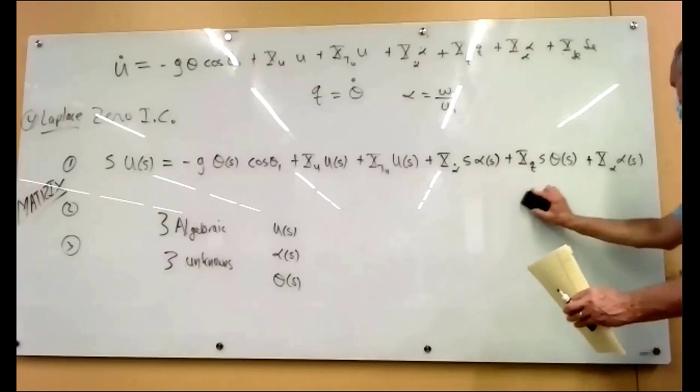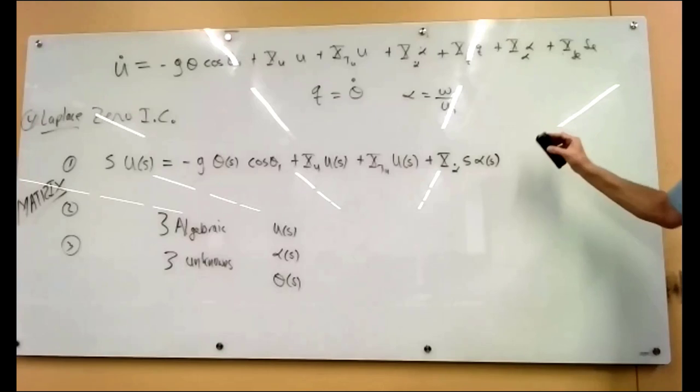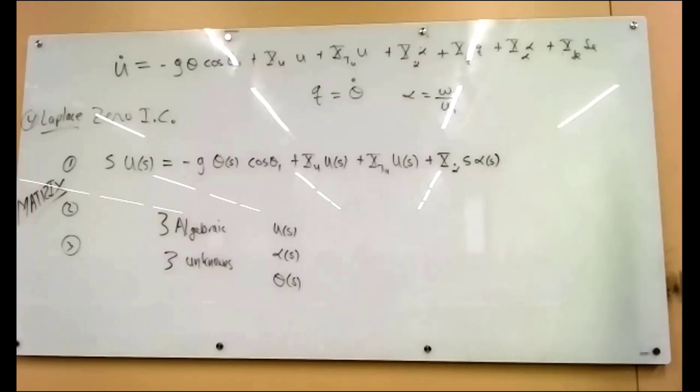Does anybody need to write anything down from here? The top equation? Everybody's good? Because I flipped over to that, so I want to make sure you have a chance to get something if you couldn't see it.